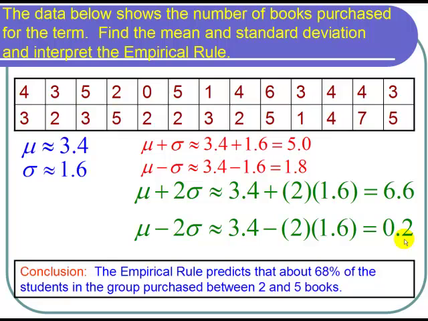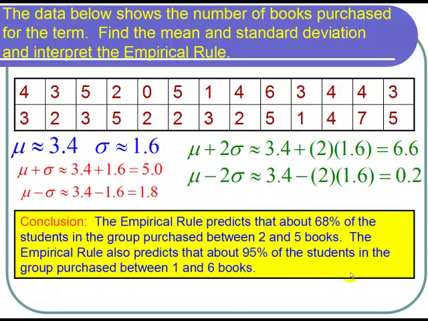And again, between 0.2 and 6.6, the whole numbers are the same thing as between 1 and 6. So the empirical rule predicts that about 95% of the students in the group purchase between 1 and 6 books. And I'm done with the problem.